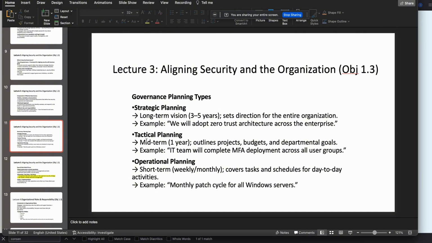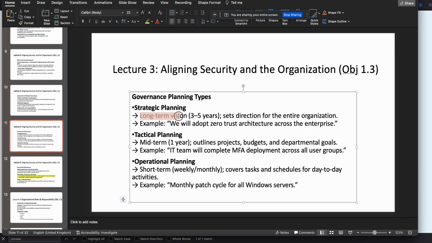Strategic planning, tactical planning, operational planning. Any planning for the long-term vision, remember the term 3 to 5 years, is called strategic planning. So you are making a plan for your organization that within 5 years we will do these things.